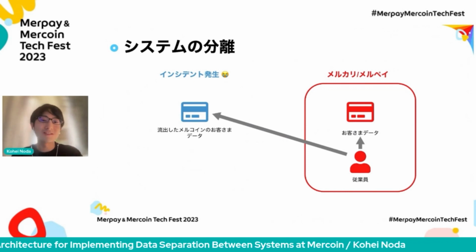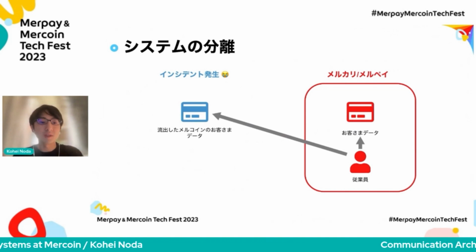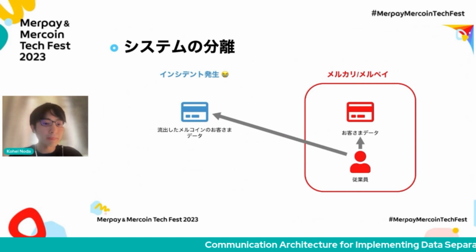And in the worst case, if not only Mercoin but also the customer data of Mercari Merpay were leaked at the same time, those who have access to the data of both parties would be able to exploit it.